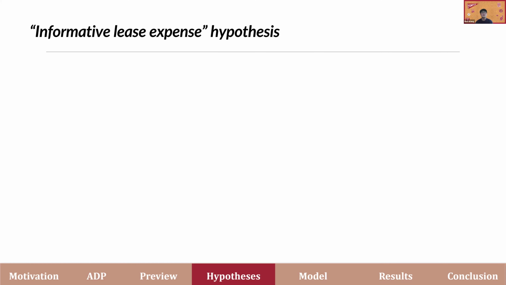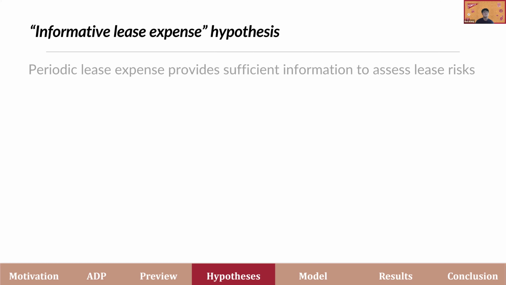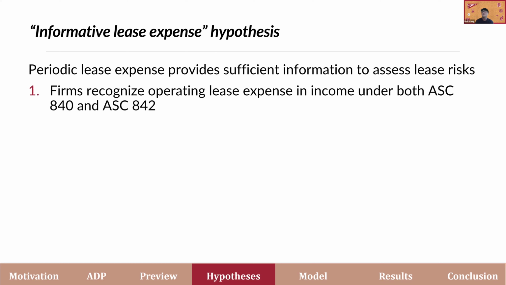So now I'm going to spend a little bit of time talking about the two hypotheses. The first hypothesis is the informative lease expense hypothesis, which basically states that periodic lease expense provides sufficient information to private lenders to assess lease risk. And for several reasons.